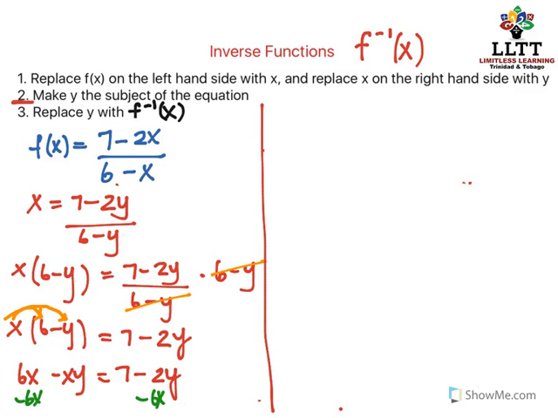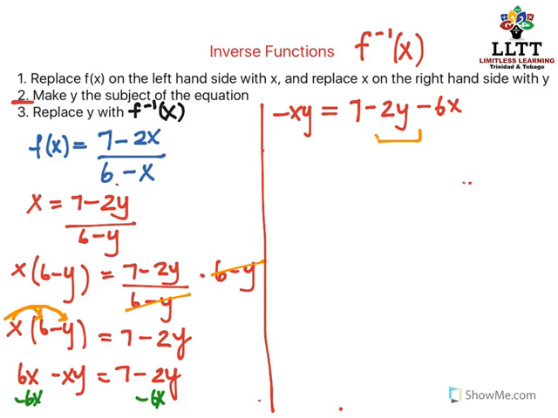So on my left-hand side, I have 6x minus 6x, which is 0. 0 minus xy is minus xy. On my right-hand side, I now have 7 minus 2y minus 6x.